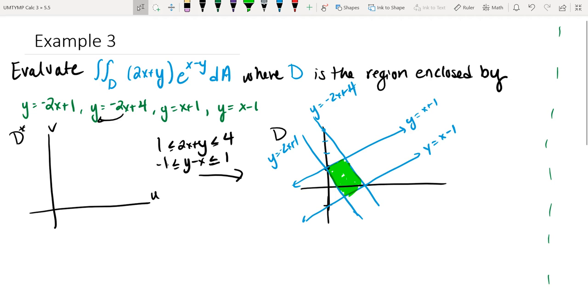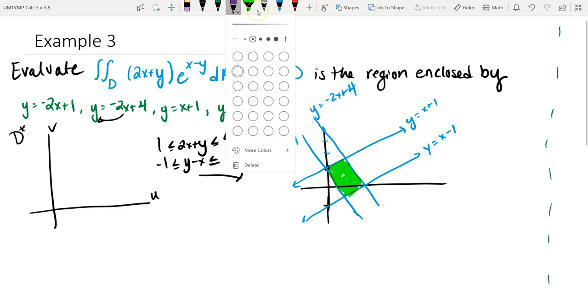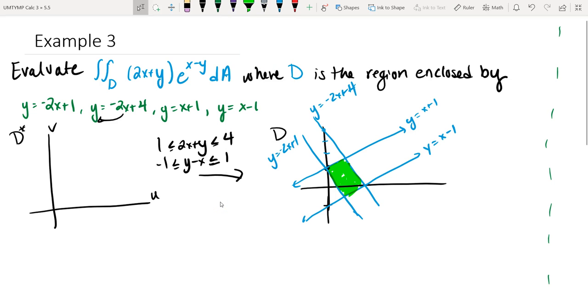Because of the domain restriction, that was one hint, maybe we can let u be 2x plus y, and we can let v be y minus x, or put differently, negative x plus y.